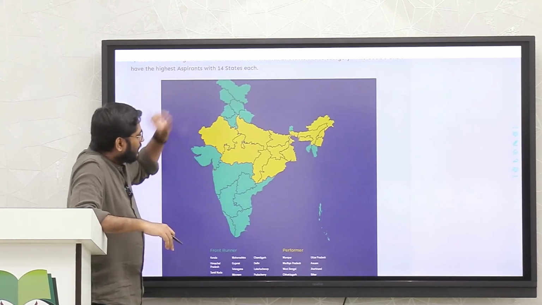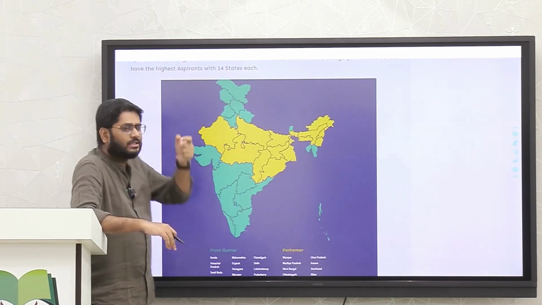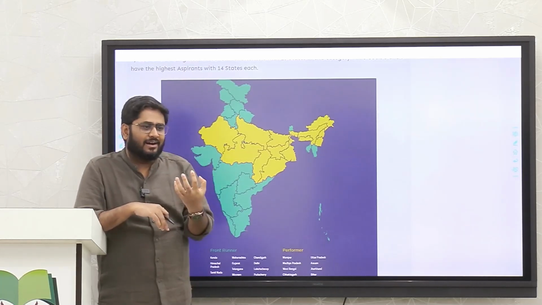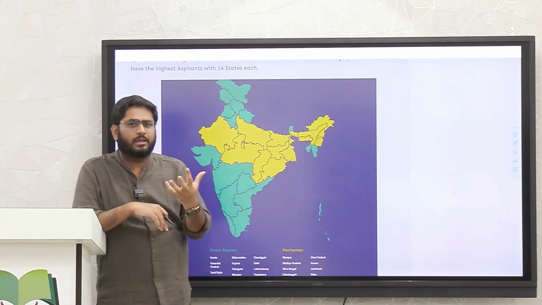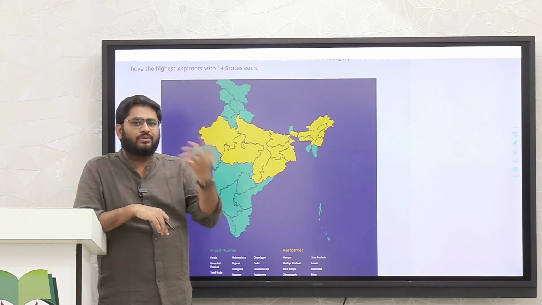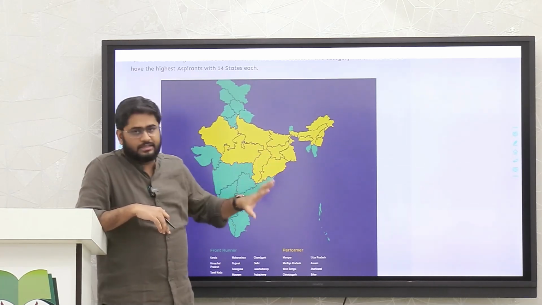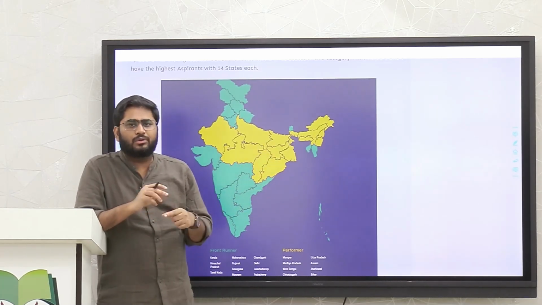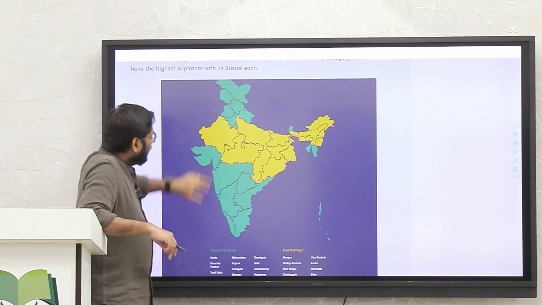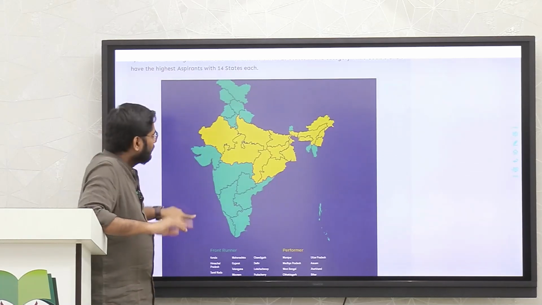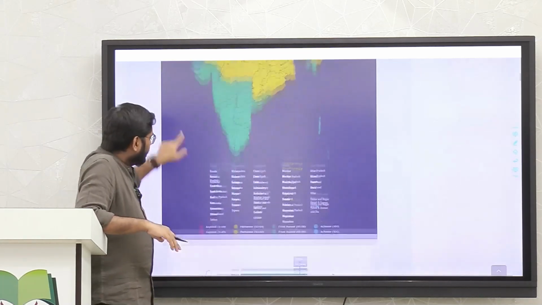So to write that answer you have to quote this. If you haven't read this report, you won't be able to write it. But if you are aware of this particular SDG index report, you should be able to use this diagram and make your answer, and it will fetch you more marks in simpler terms.